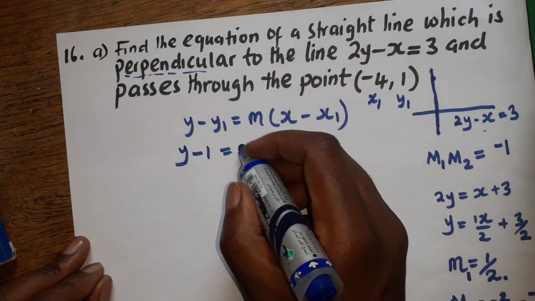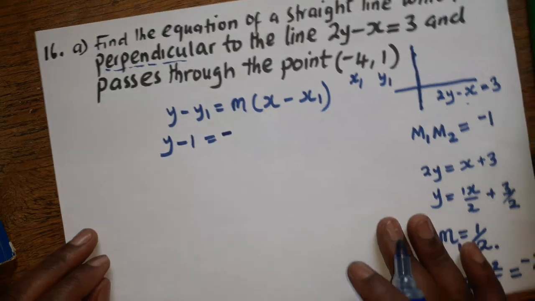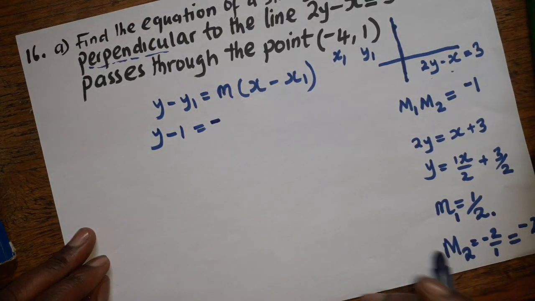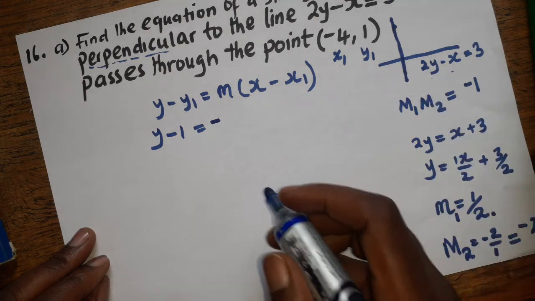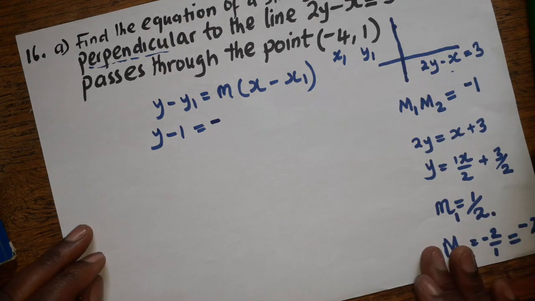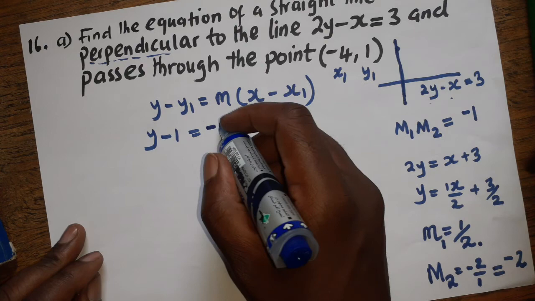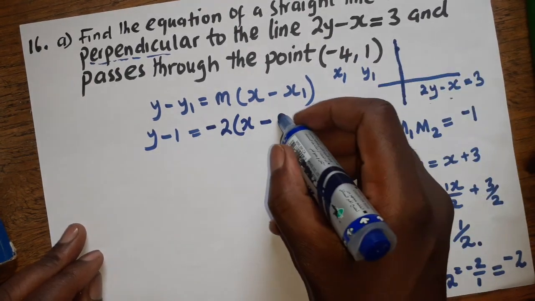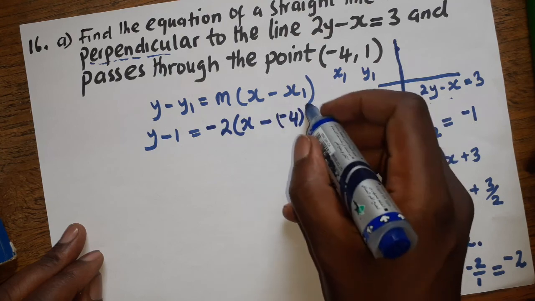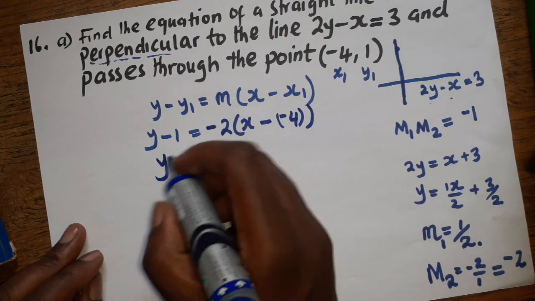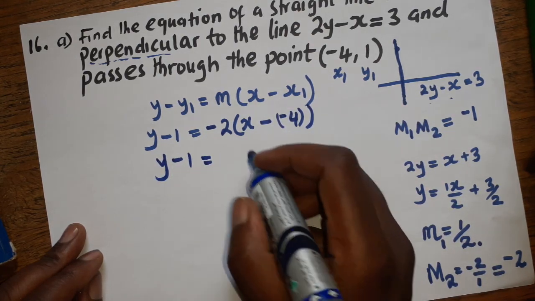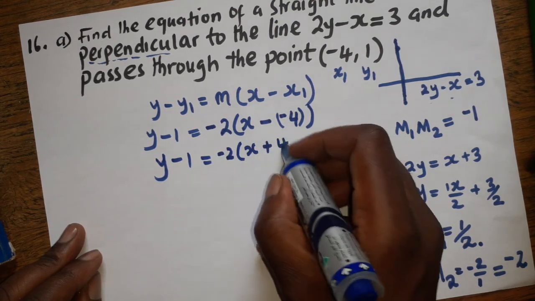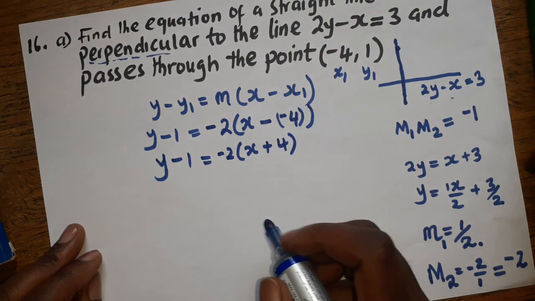Our m is negative in this case, because this is perpendicular to the other equation, so we get this one here, -2. So we have -2, then x minus x1 is -4. Take note of that. So we go on, say y minus 1 is equals to -2x plus 4. Okay, because of the negatives here.